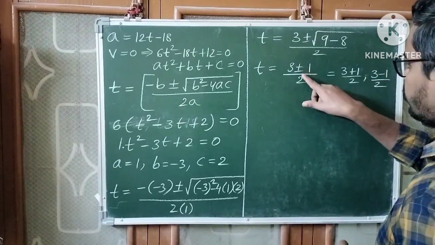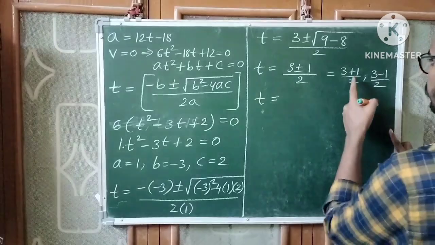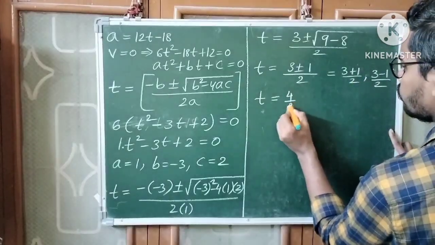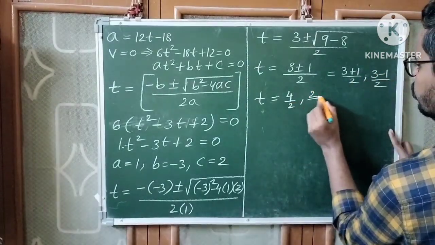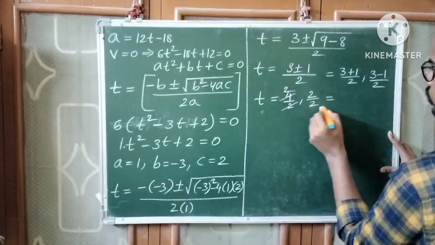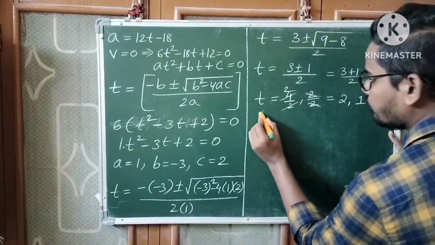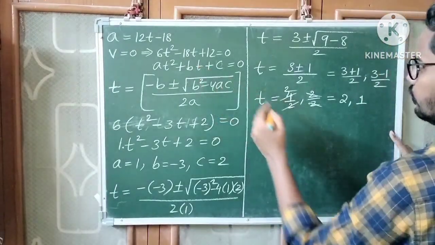So one time positive, one time negative. Now we have 2 possible solutions: 4 by 2 and 2 by 2. So what are the possible solutions? 2 and 1. So we have 2 solutions for this quadratic equation.